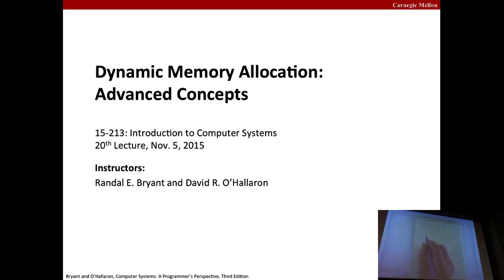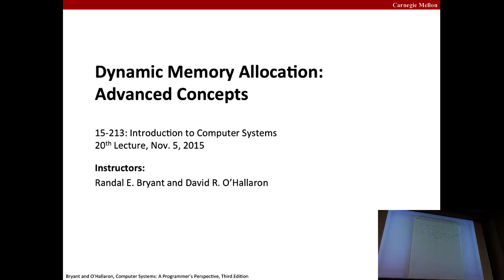And at any point in time after k plus 1 requests, we have Hk, which is the heap size after k plus 1 requests. Then we have Pk, which is the aggregate, the sum of all of the payloads after k plus 1 requests.